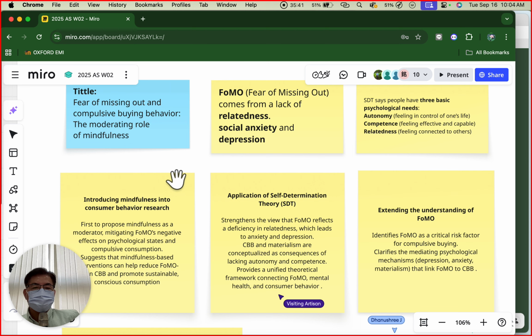Those things are related to self-determination theory, which can explain society's reaction to things like buying products, for example. And it explains why it will lead to negative or positive behavior of people. So that is our research. Okay, so that's it? Okay, good.